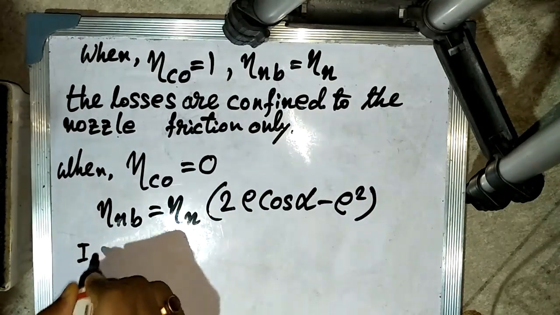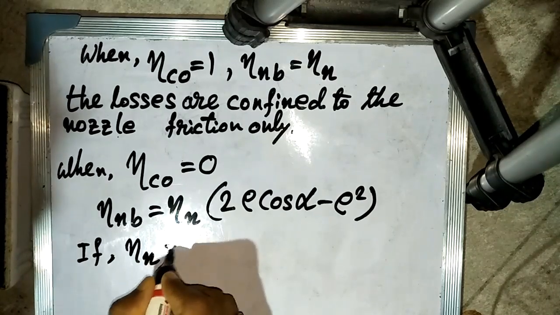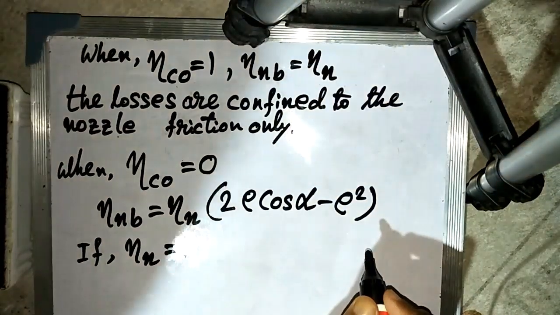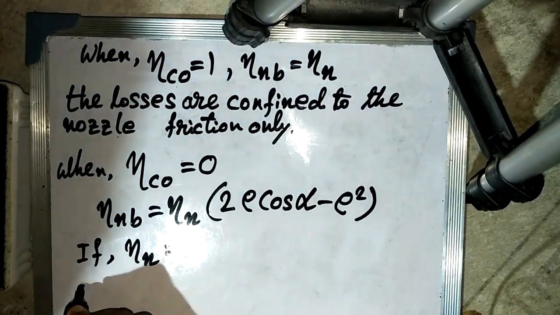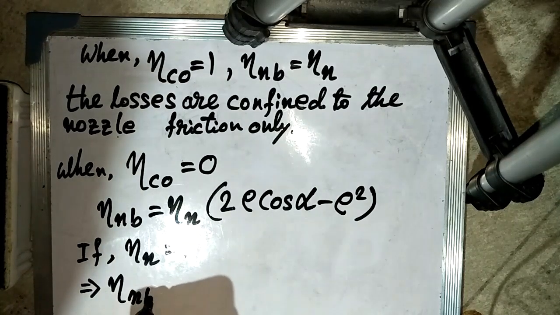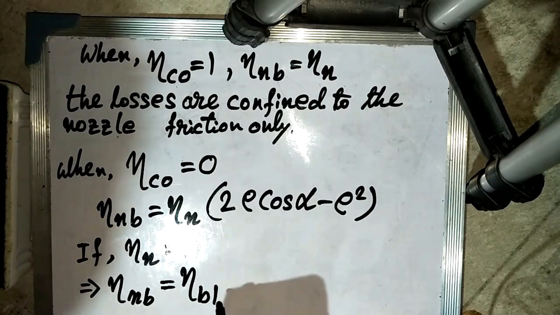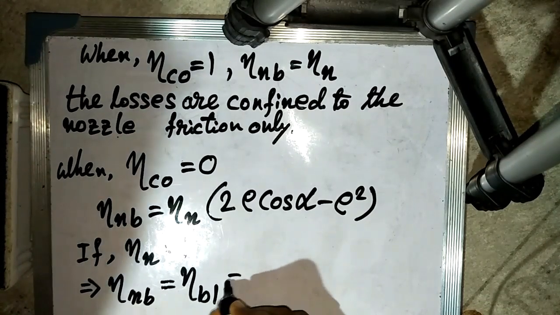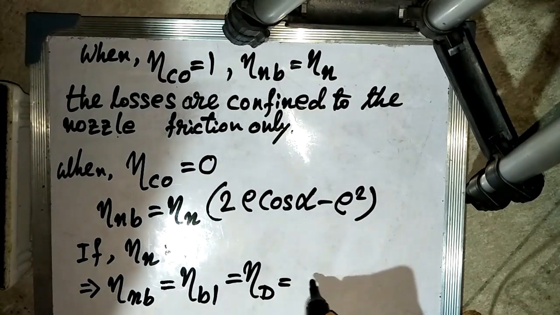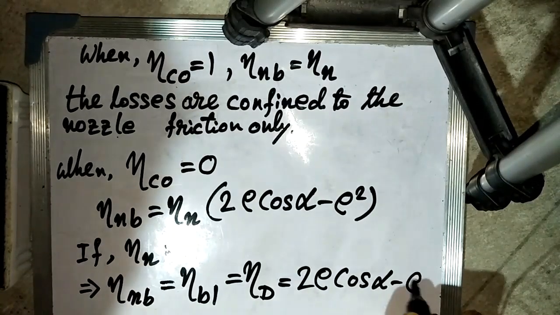Now if the value of eta n is 1, we can write that eta NB, or eta d, the diagram efficiency, is equal to 2 rho cos alpha minus rho square.